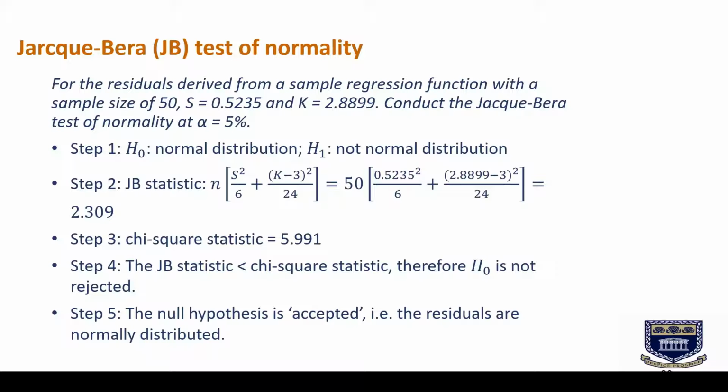H1, residuals do not follow the normal distribution. Step 2, calculate the JB statistic. So we just plug in the values for skewness given over there, and for kurtosis over there, and N, don't forget N is 50 in this case. And then we simplify and we get a result of 2.309.